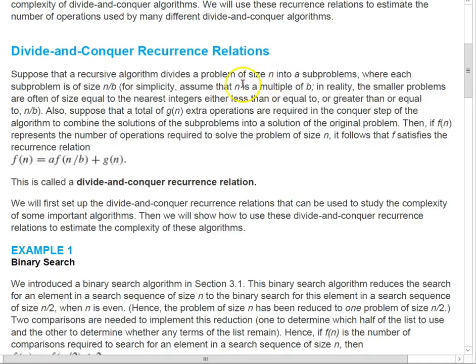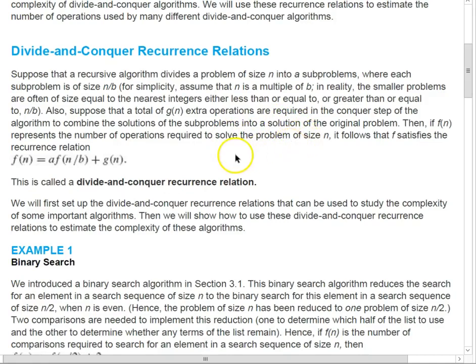In reality, we will take the floor or the ceiling of n over b. Also, suppose that a total of g of n extra operations are required in the conquer step of the algorithm to combine the solutions of the subproblems into a solution of the original problem.